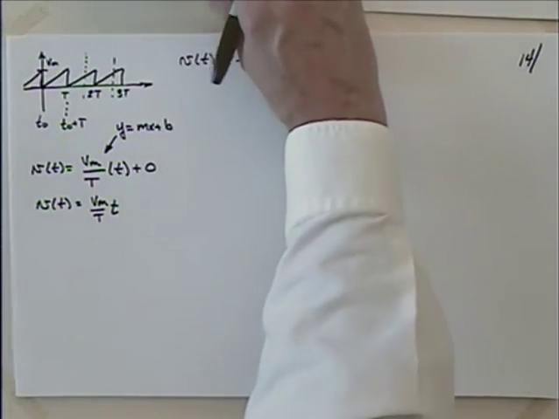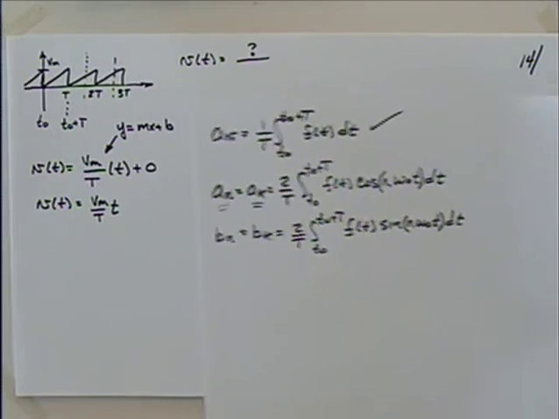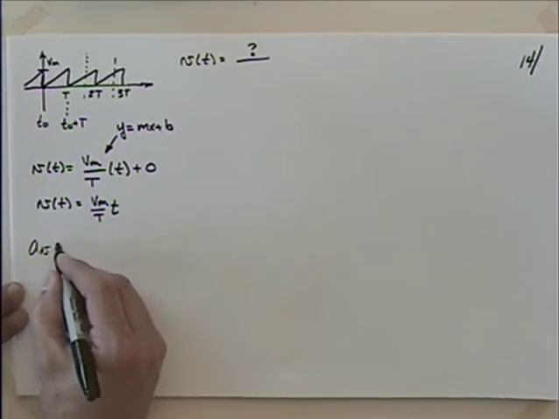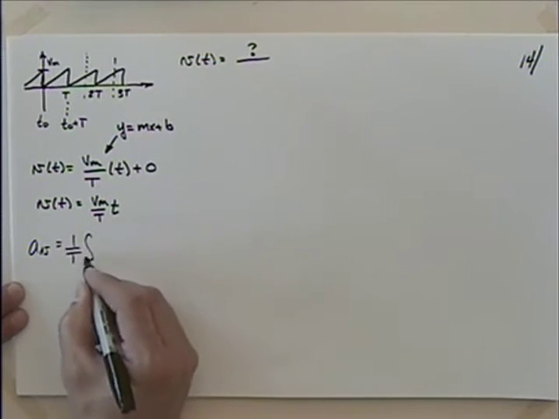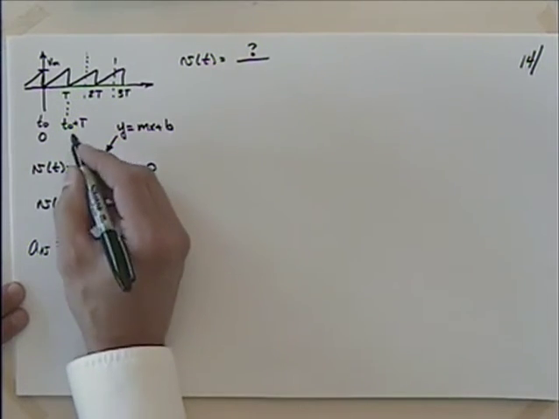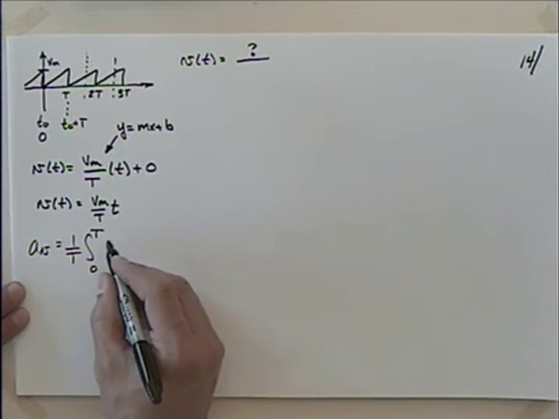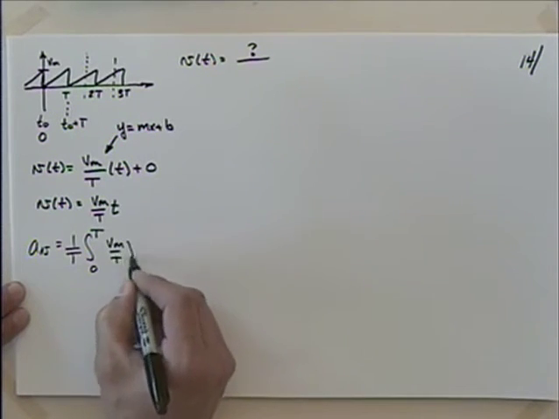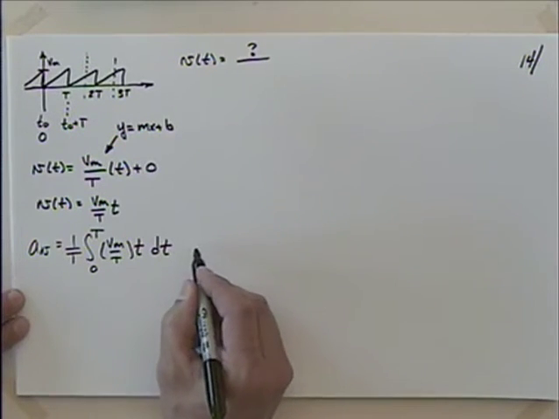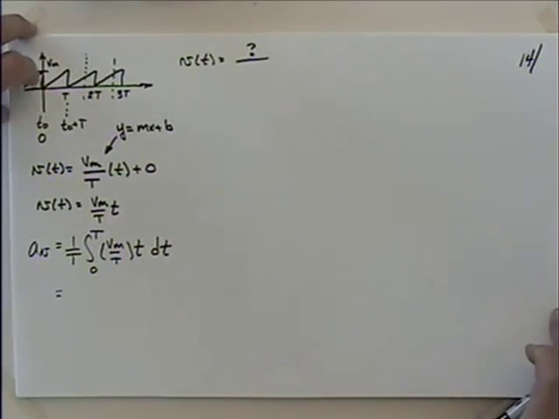So now I put these into effect, right? First one, I better come up with the average value. So let's see how that works. Average value is equal to 1 over T times the integral. We're going to go from 0, because t naught is 0, to t naught plus T, that would be just T then, of Vm over T times t dt. So we could say that this is equal to, Vm should be constant, T should be constant.